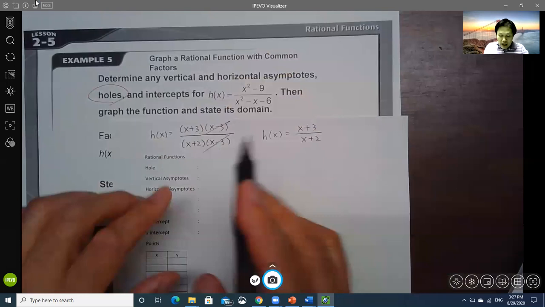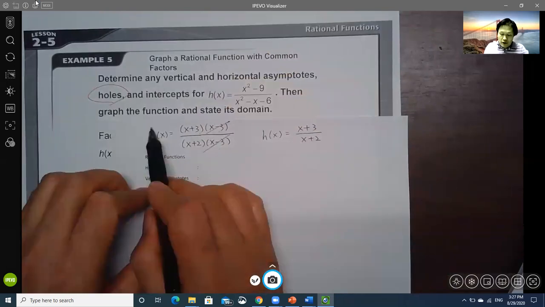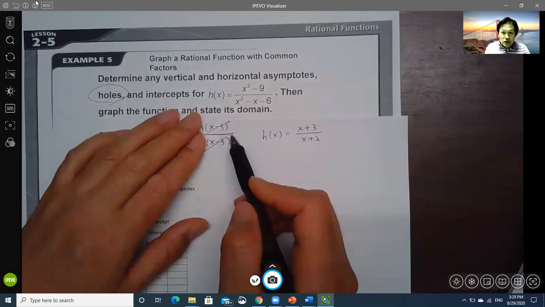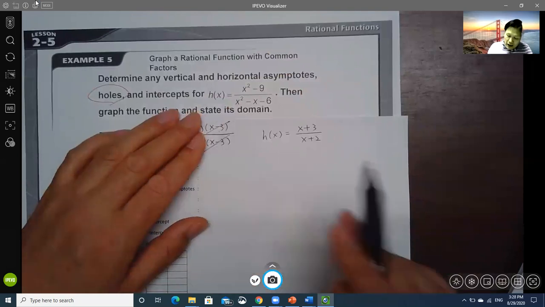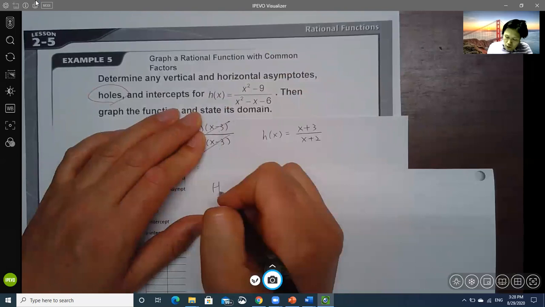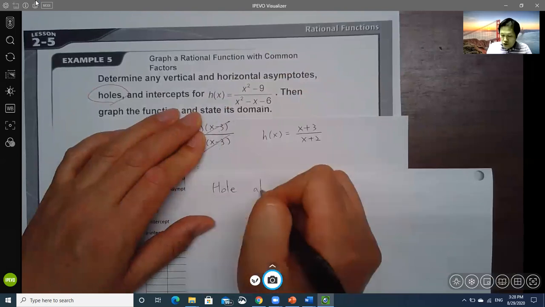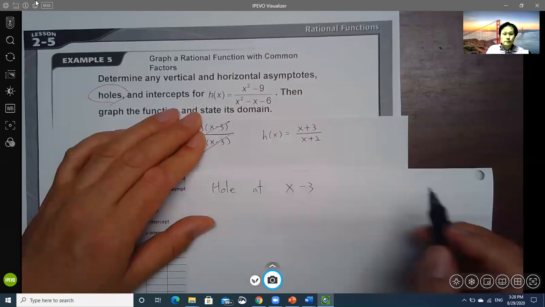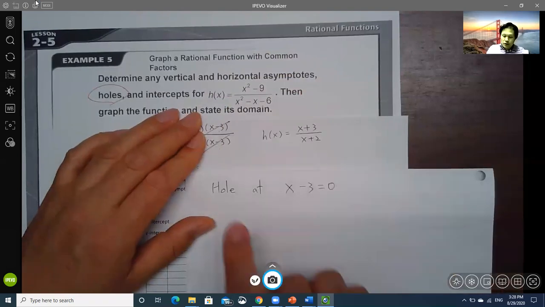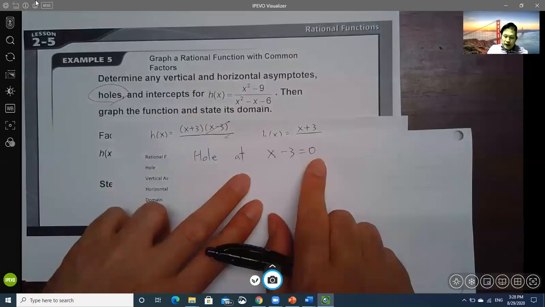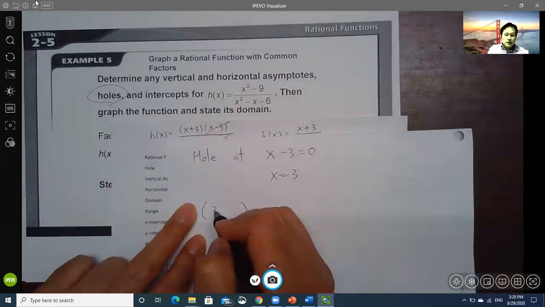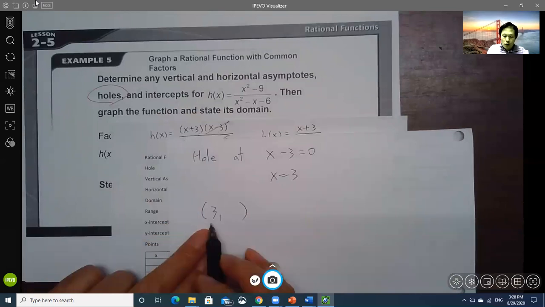But remember that was the original function. The factor you cancel is where you're going to have a hole. So you let that equal to 0 and solve for x. So x equal to 3. So 3 is the x coordinate of the hole.